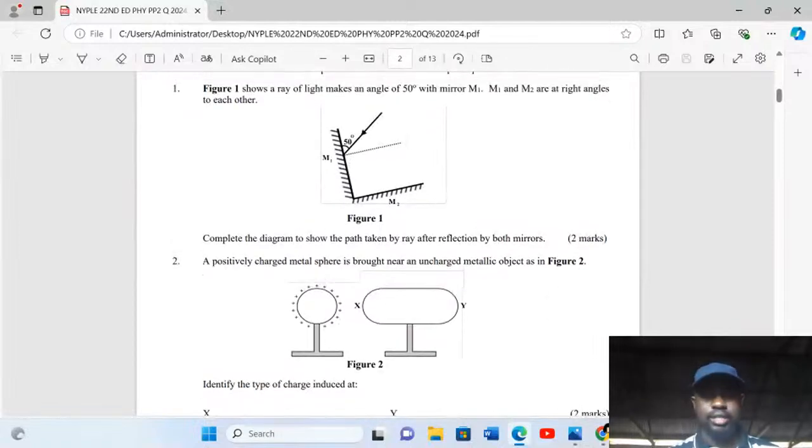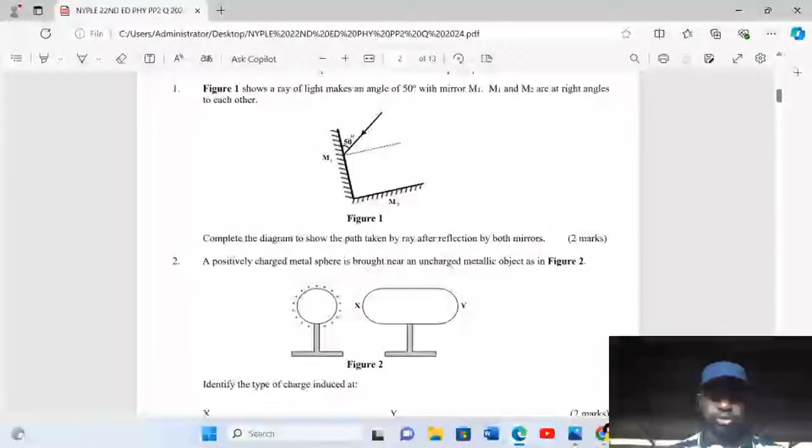This will take us back to reflection on plane surfaces, where we need to know the laws of reflection, especially that the incident angle must be equal to the reflected angle.